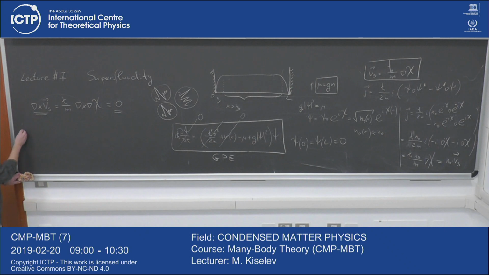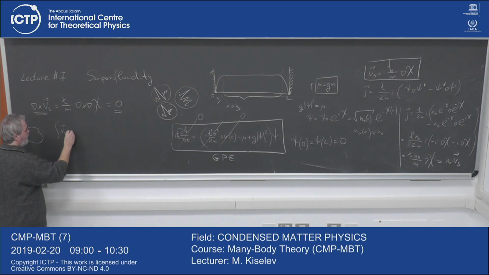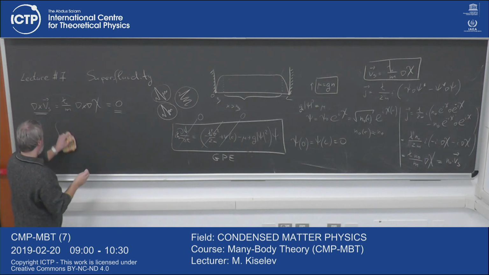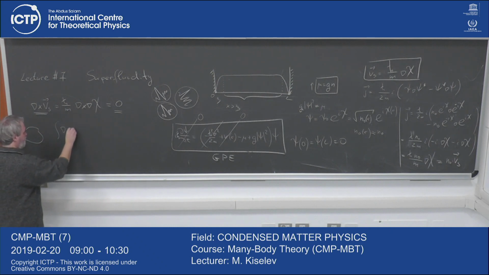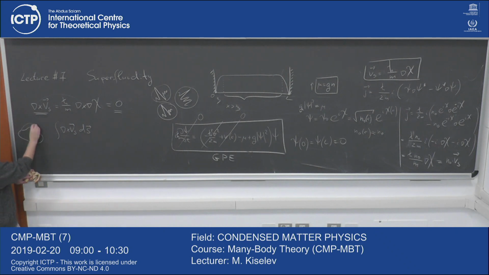Which means if you take some surface, then the integral of nabla times Vs dS, where this is the surface and dS is dS times the normal vector as usual.